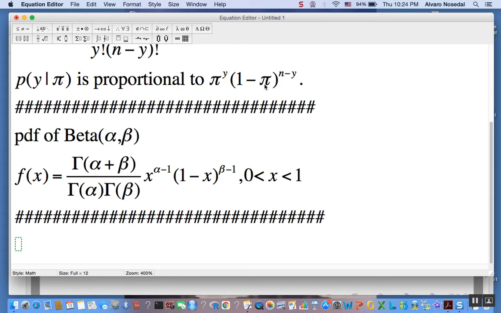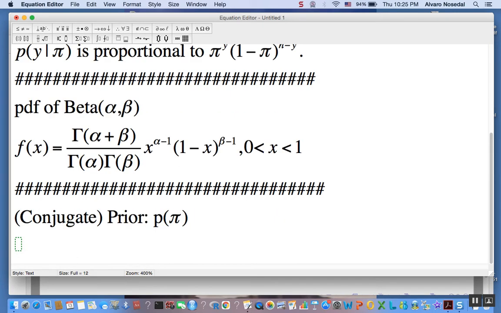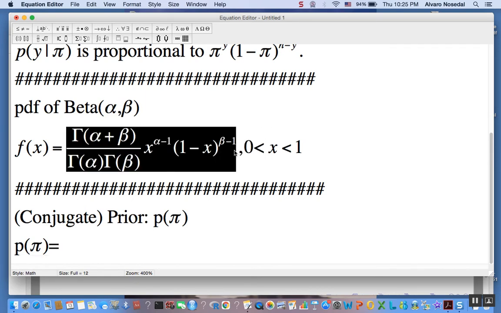So let's use as our conjugate prior, with the notation p of pi, this, which is going to be our proposal.